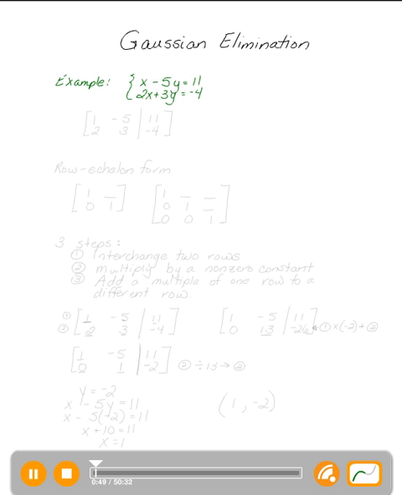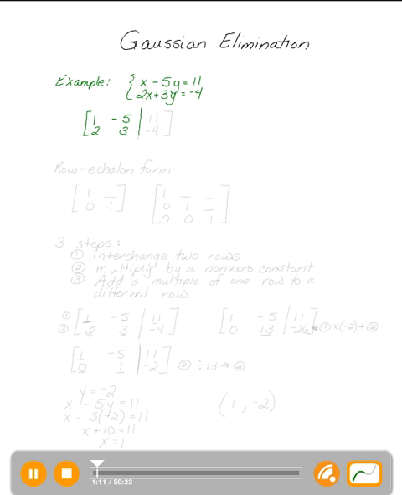An augmented matrix is simply a matrix which has the coefficients of each of the variables. So we would use the coefficient of x, which is 1, the coefficient of y, which is negative 5, the coefficient of x in the second equation, and the coefficient of y in the second equation. So we write the matrix of the coefficients.